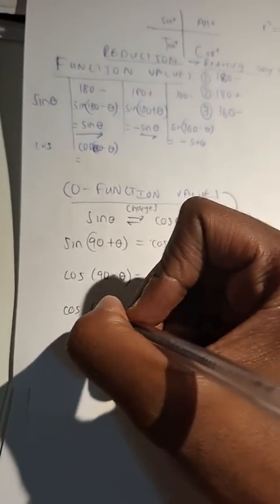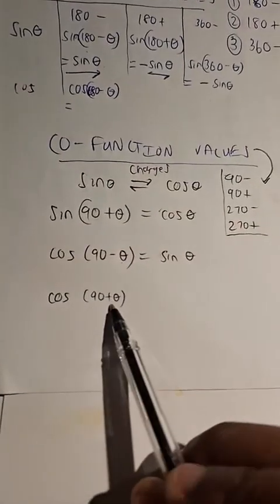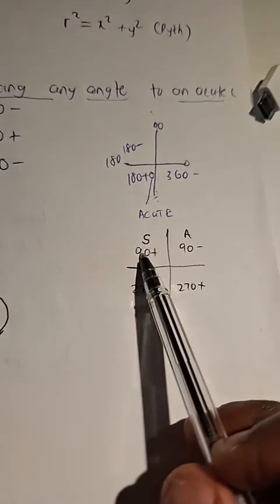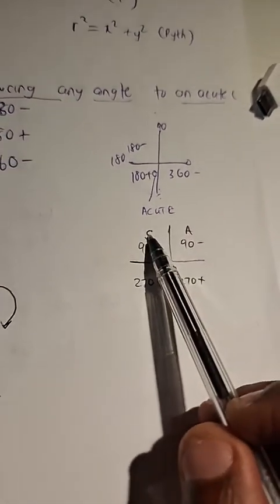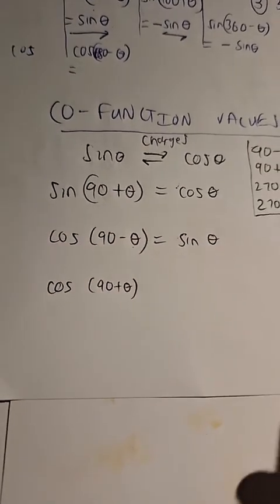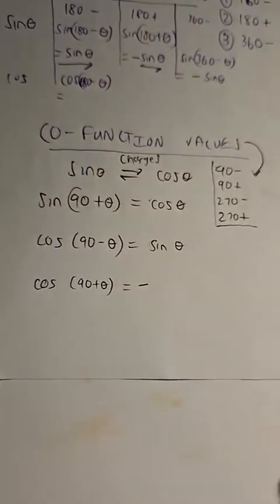Let's say cos of 90 plus theta. Once again, 90 plus theta is in which quadrant? It is in the second quadrant. How is cos in this quadrant? Cos in this quadrant is negative.